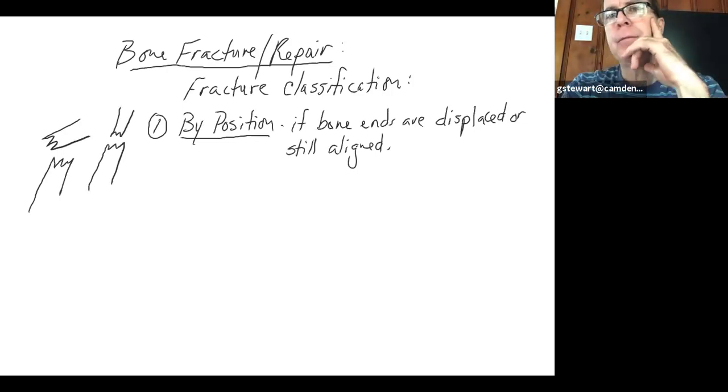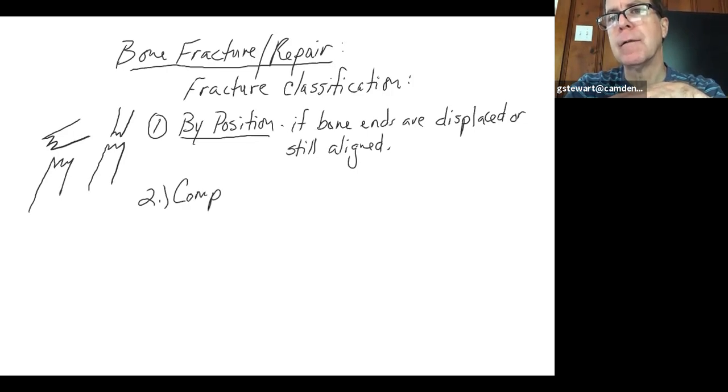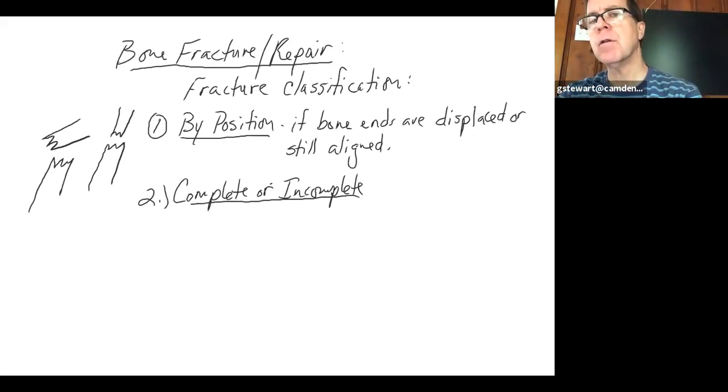The second factor for classification is whether the fracture is complete or incomplete. That means if the break goes all the way through, or it's just a crack and does not go through.